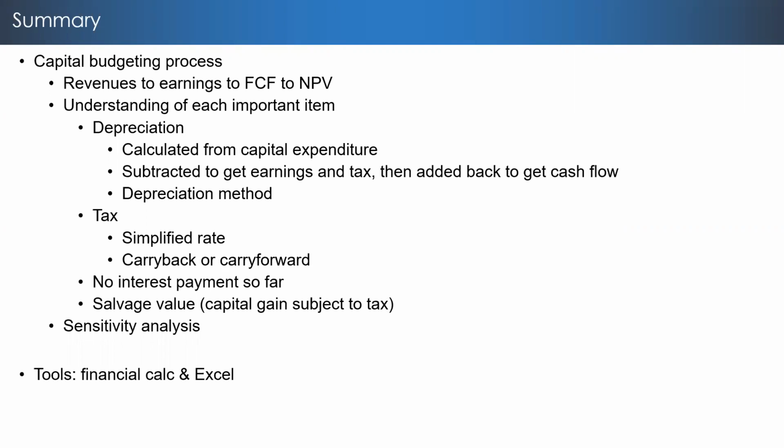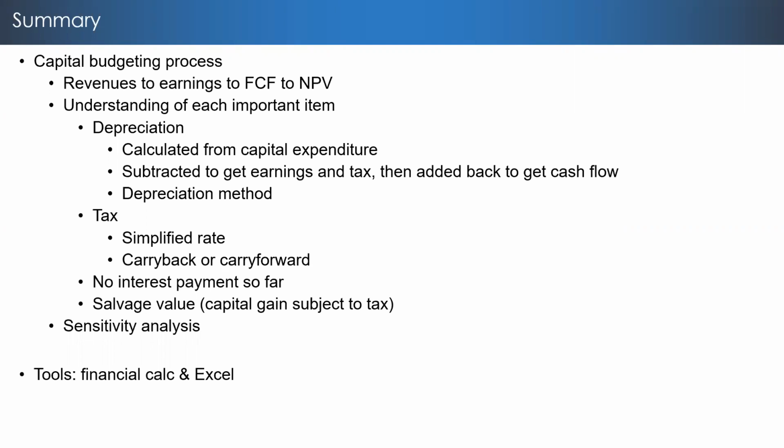So two things that you may want to pay special attention to in this capital budgeting process are depreciation and tax. A lot of times, for simplicity, we use the most straightforward methods.